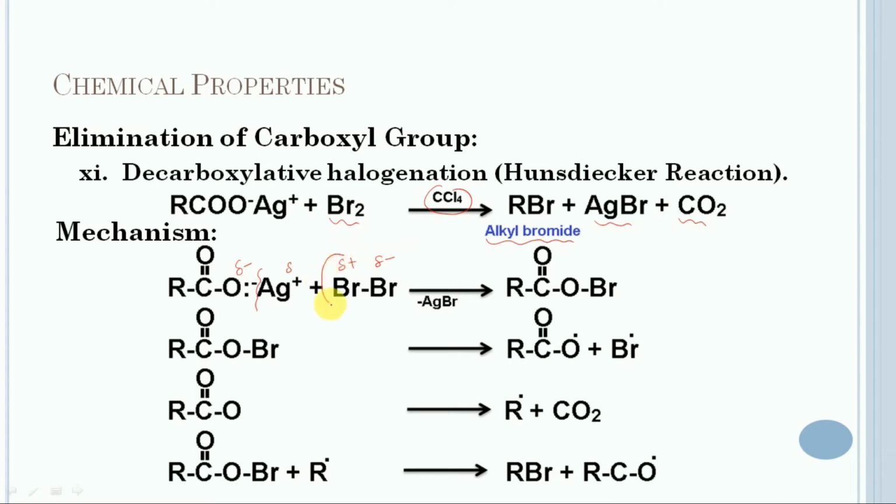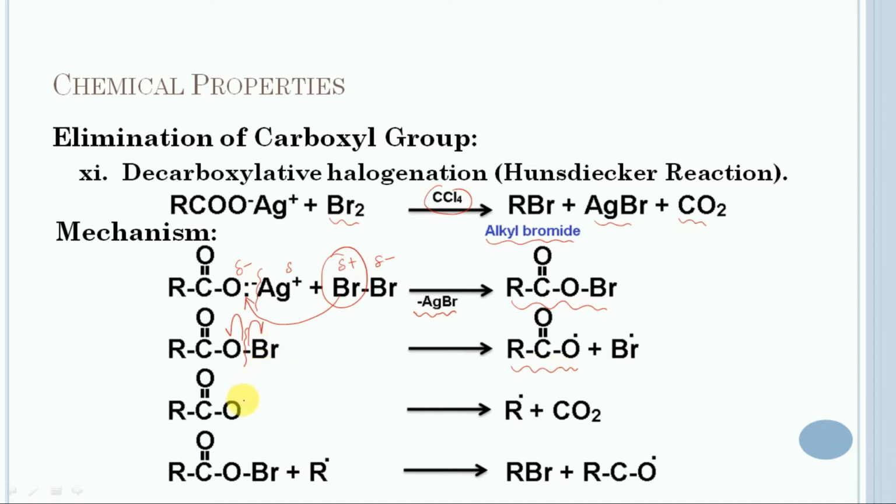So this bromine, it will attack on the oxygen. Silver bromide will eliminate and this intermediate compound will get formed. Now in next step, this bond can break homolytically and each electron shared by 2 atoms. So it will lead to formation of this free radicals.